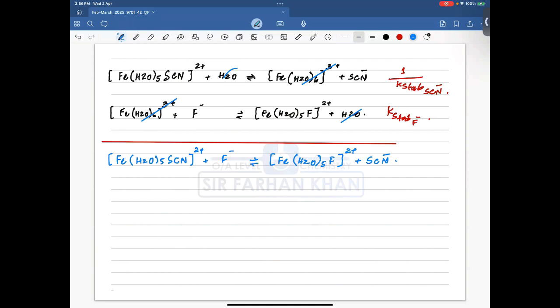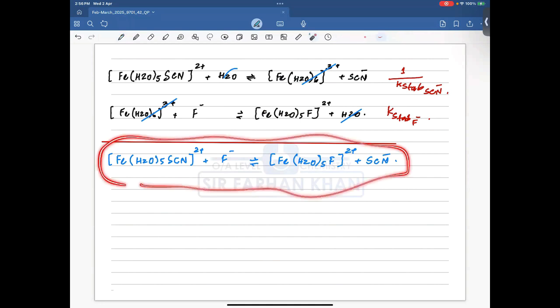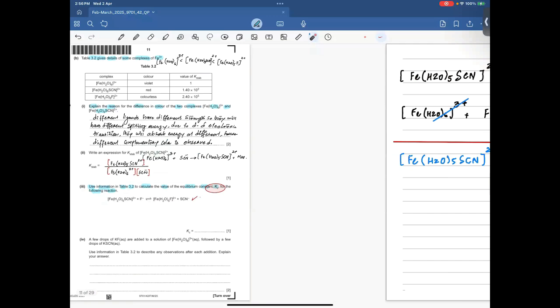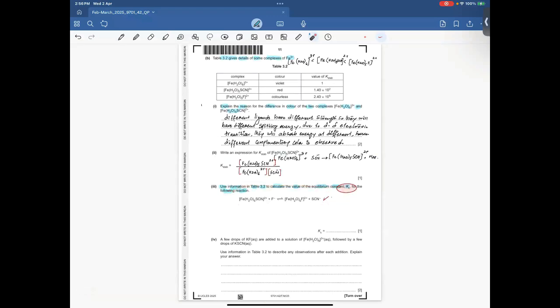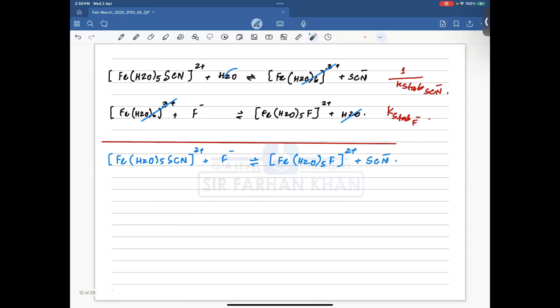All right. And this is exactly the equation that the examiner gave me here. I hope it makes sense to you. How did I get this whole equation and what the whole concept?